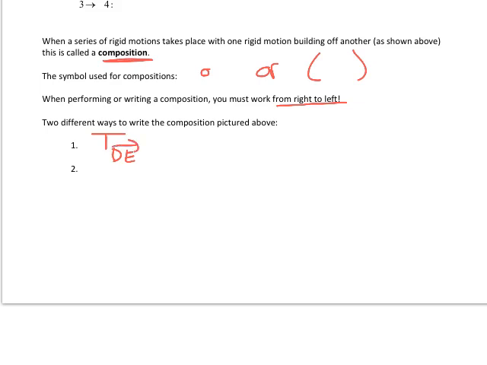I applied that. That was the last thing I did. So before I did that, I had a reflection over line BC. And then the first thing I did was a rotation about point A of 150 degrees. All of that was applied to triangle PQR.